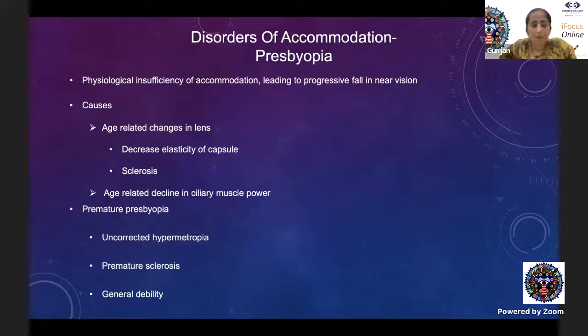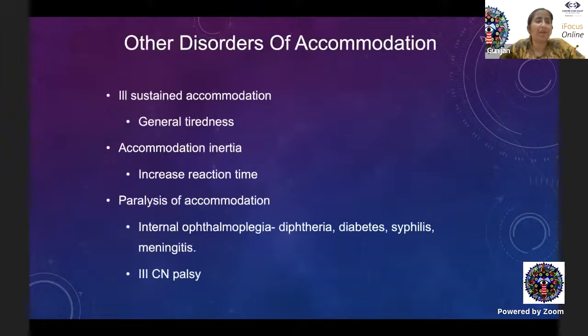However, we also come across premature presbyopia, when it occurs at the age before 40 years. It could be because of uncorrected hypermetropia, premature sclerosis, and general debility. Other disorders include ill-sustained accommodation, which could be because of general tiredness, or accommodation inertia caused by increased reaction time.